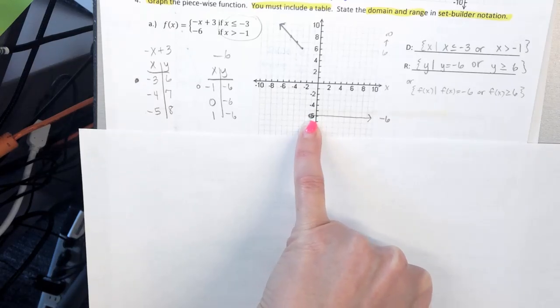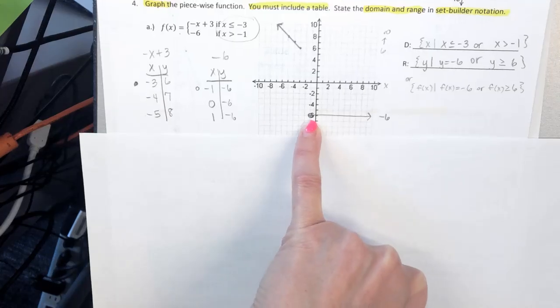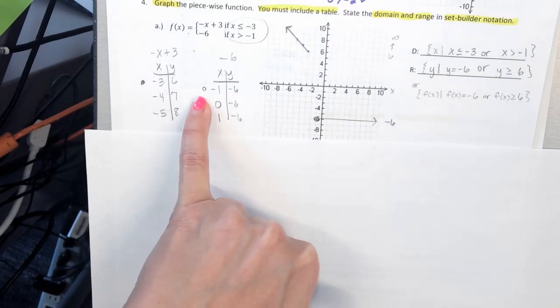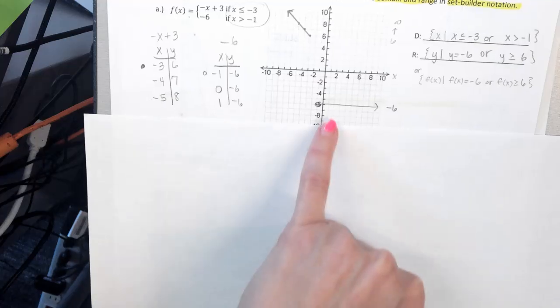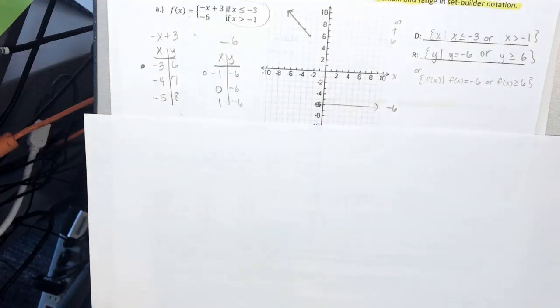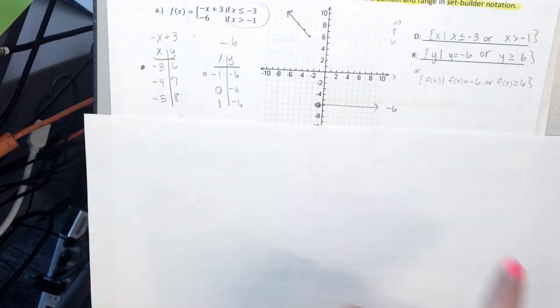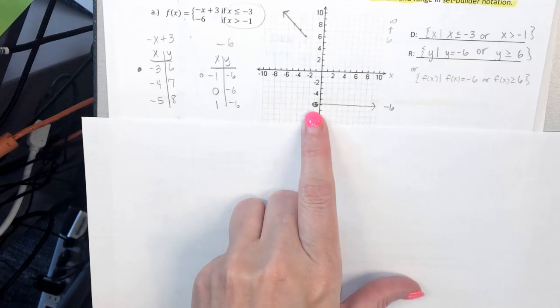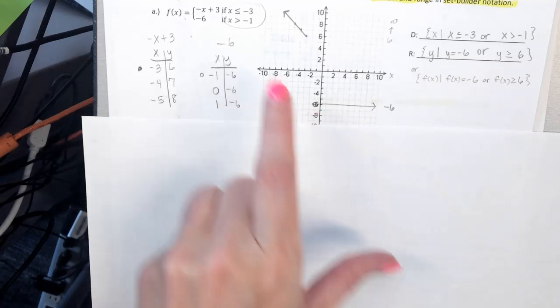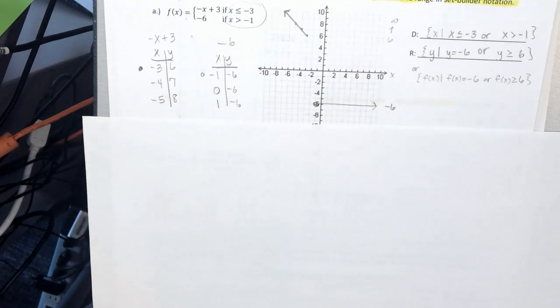But I want you to remember that even if this is an open circle, do I have any other open circles here? No, right? No, they're all just points. So if they're just a point, it's a closed circle. So there should only be one open circle at this key value.